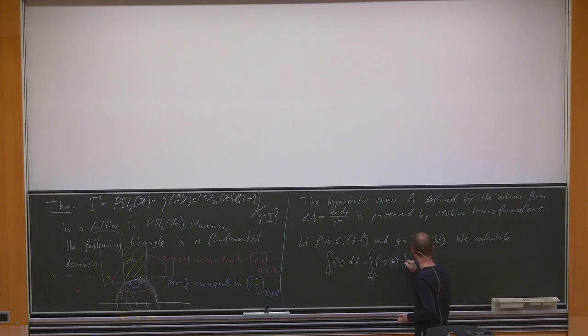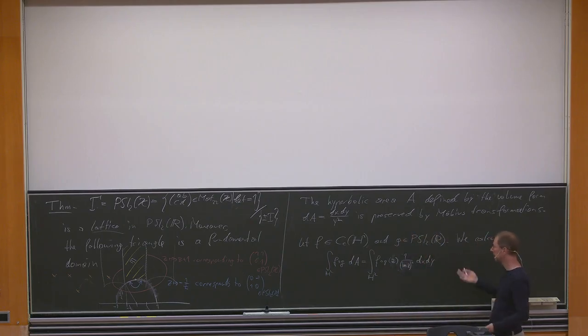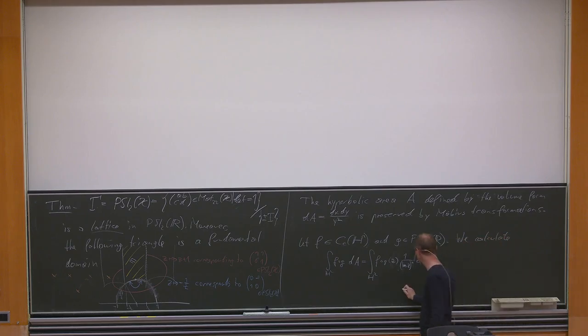Or let me write the imaginary part of z squared, with the understanding that z is x plus iy. What I would like to have is this composed with G also in here.